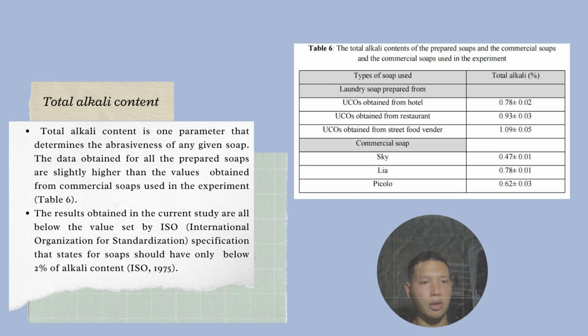The data obtained for all the prepared soaps are slightly higher than the values obtained from commercial soap used in the experiment. The results obtained in the current study are all below the value set by the ISO specification, which states that soap should have only below 2% alkali content.